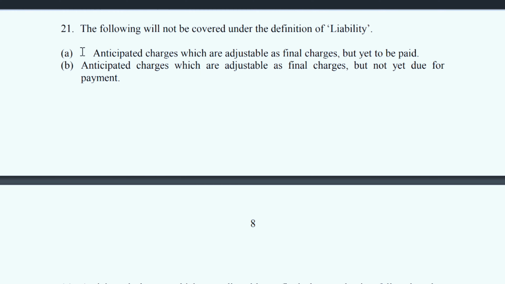21 number. The following will not be covered under the definition of liability. Option A. Anticipated charges which are adjustable as final charges but yet to be paid. Anticipated charges which are adjustable as final charges but not yet due for payment.